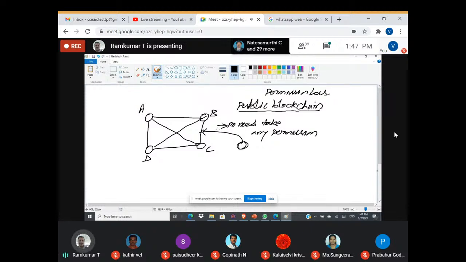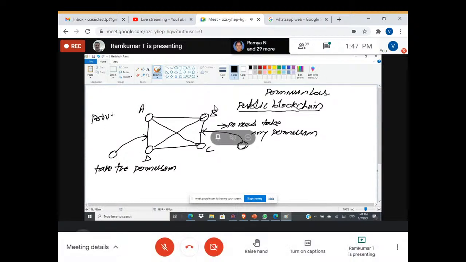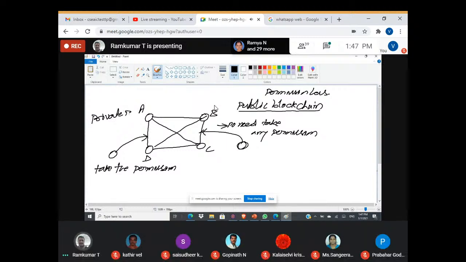On the other hand, if I want to add a particular node into the blockchain and I should take permission, I can't just add my node into the blockchain. It is not possible. This is what we call a private blockchain.